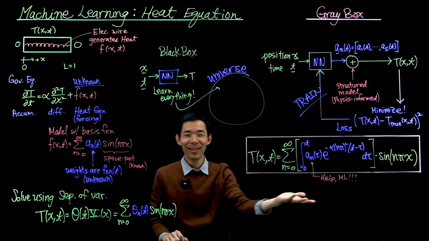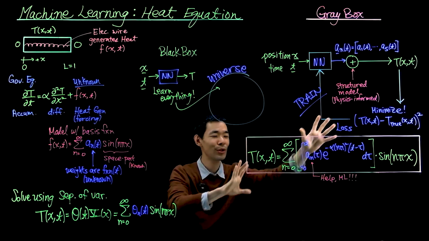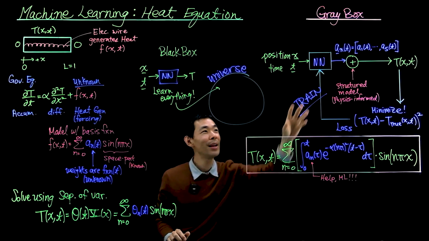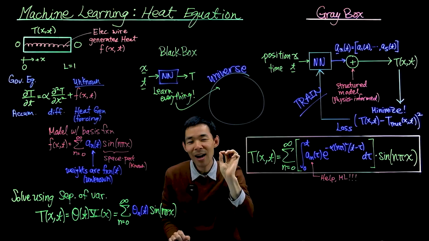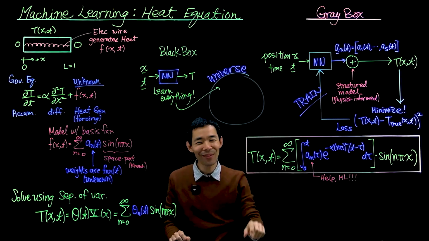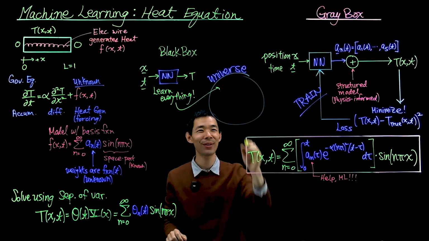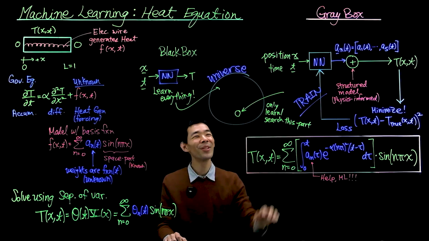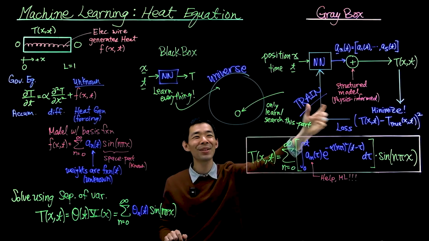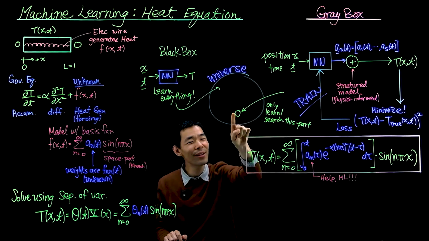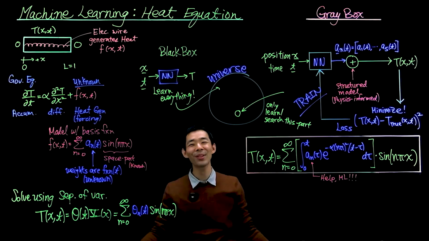When you're doing this gray box model, by putting in so much mathematical structure and physics into the problem, you're asking this neural network to do not a search over this entire universe, but only learn a part and search in a part of this universe. So with the gray box, this whole structure that you've put in is designed so that the neural network only learns in this small little space inside all the possible combinations.